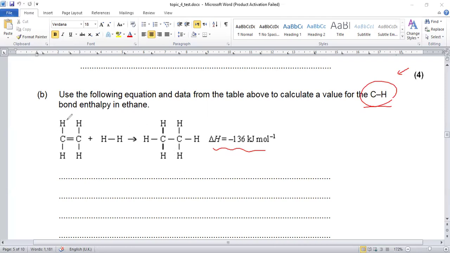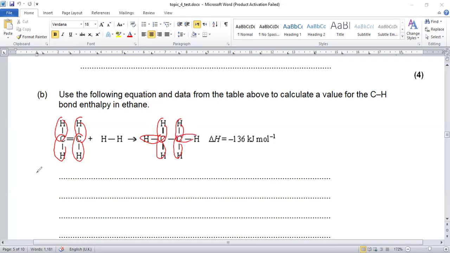You can cancel all the equal C-H bonds from the reactant with the product. As we said, when you write a reactant bond with a positive sign, you write the same bond in the product with a negative sign, so they cancel each other. Firstly, we will cancel C-H. Here we have 4 C-H: 1, 2, 3, 4. Here, 1, 2, 3, 4, 5, 6.